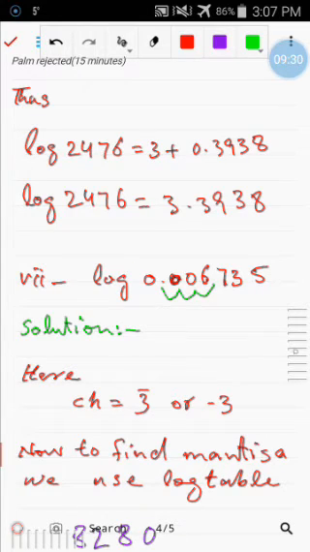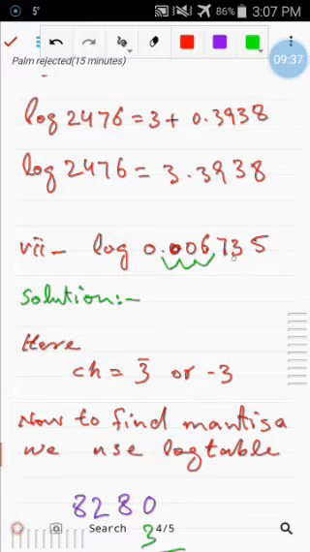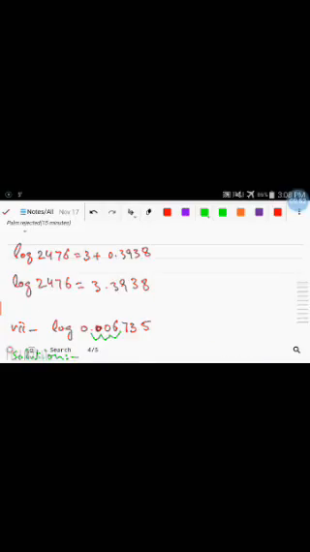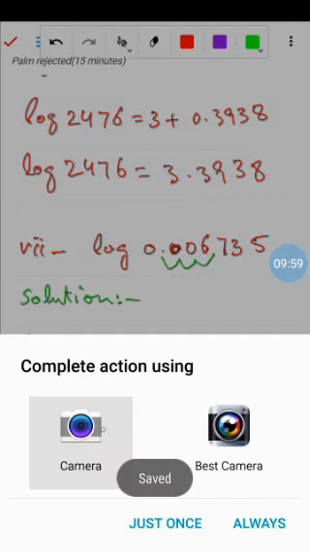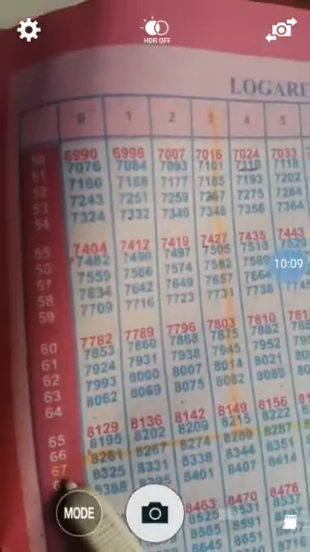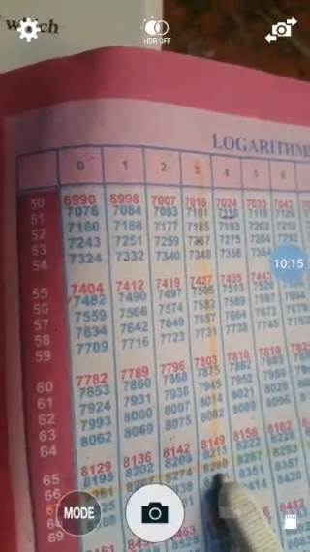Now we find the mantissa. So we use the log table. We see 76 in the 3 column, and then we see 76 in the difference table in the 5 column. 76 in the 3 column is equal to 8280.